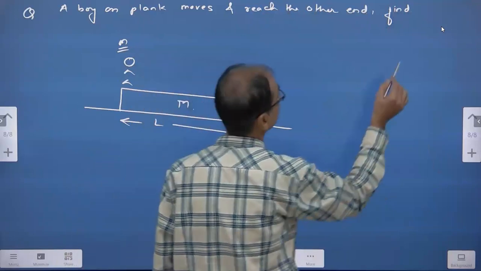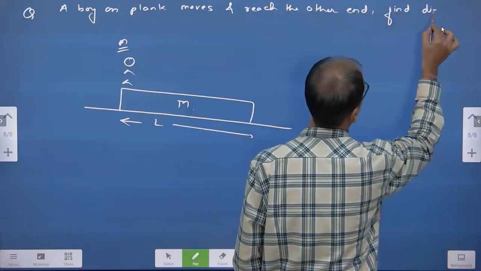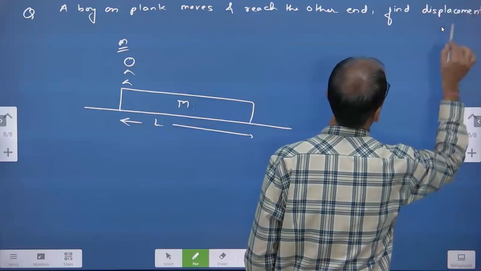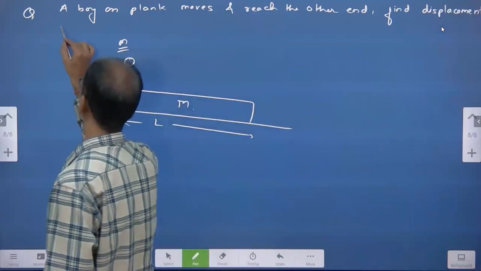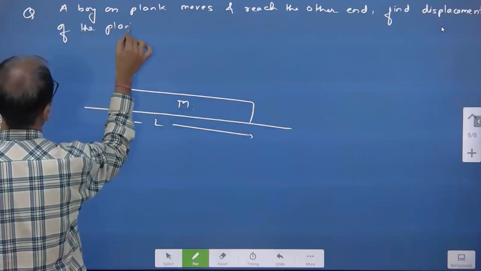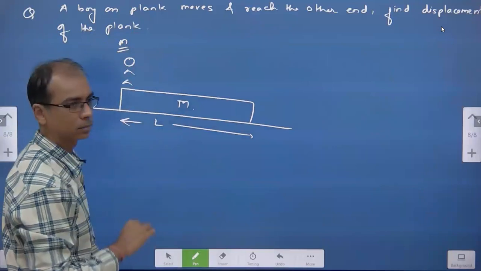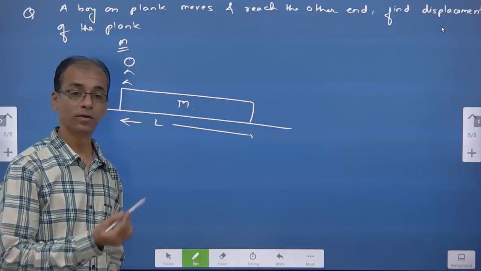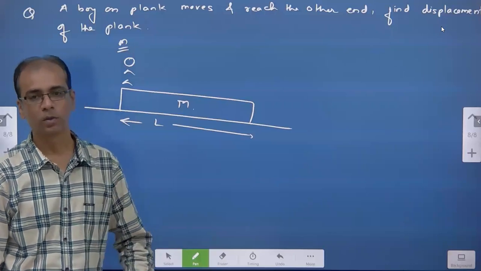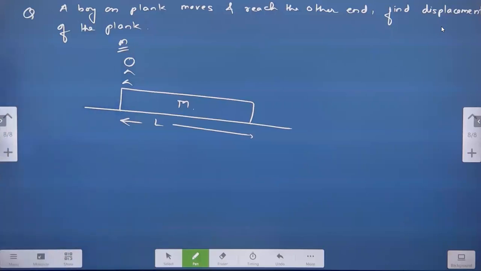In the previous case we found velocity. Now he's asking the displacement of the plank. Note the question. See how we'll do it.